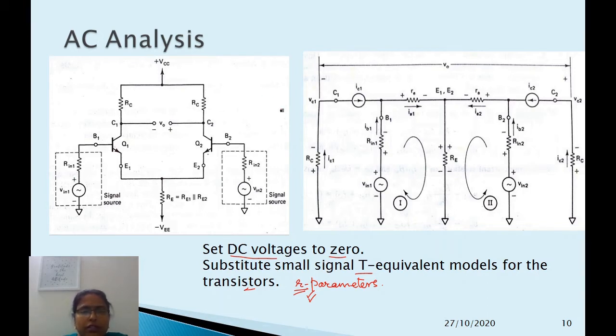As you can see, for the AC analysis we have reduced this circuit to the AC equivalent circuit.